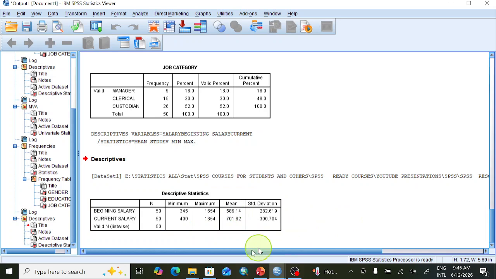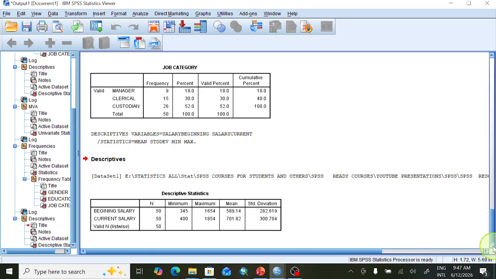And usually what we do is that I do prefer that you make another column here, mean plus or minus standard deviation. Here you can say mean plus and minus standard deviation, and then you'll have this one, 589.14 plus or minus 282.61, like that.